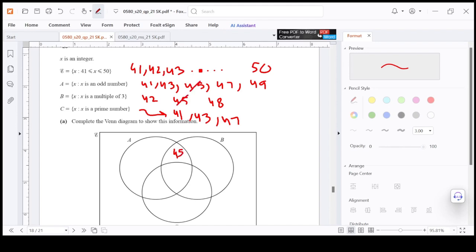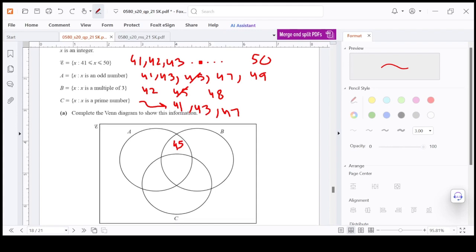What else is common? We have 41 common in A and C. So we have a 41 here. Cut this out. Then we have 43 common in A and C again. So write 43 here.